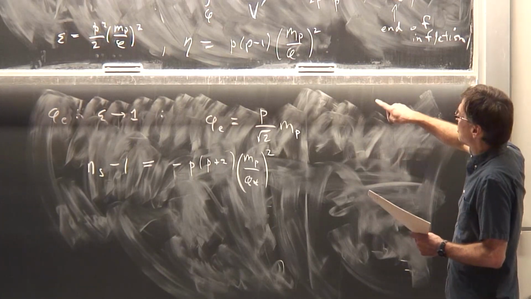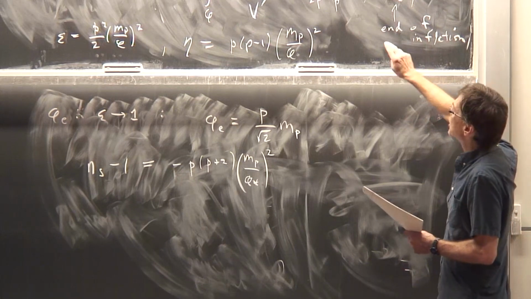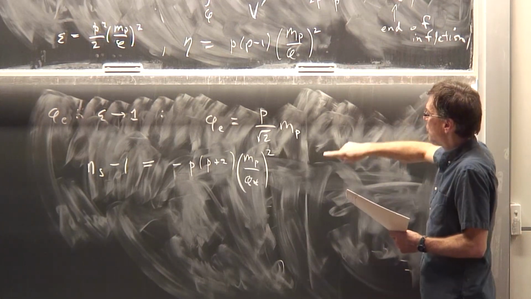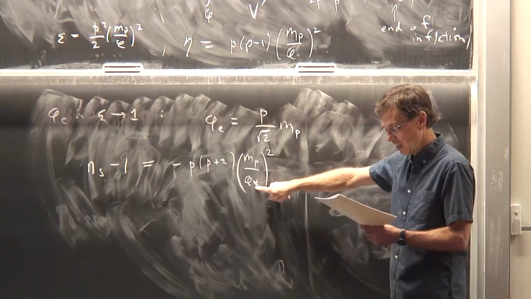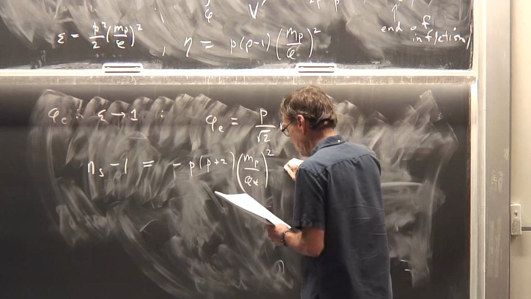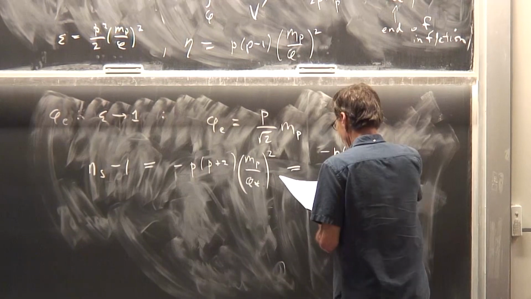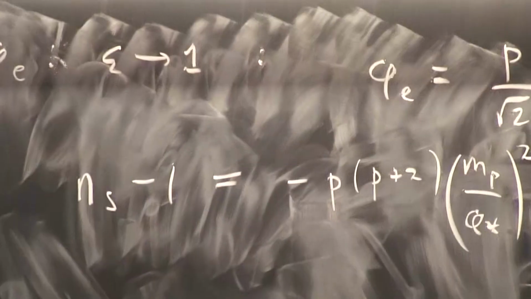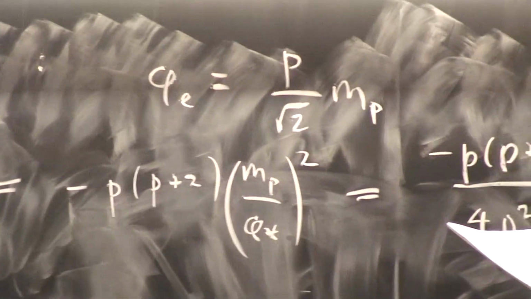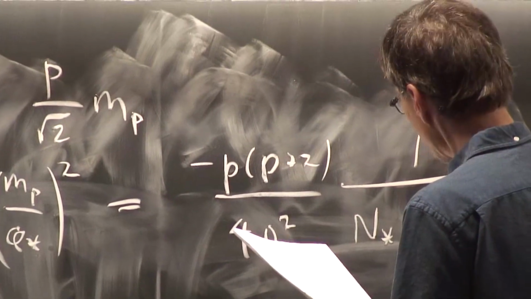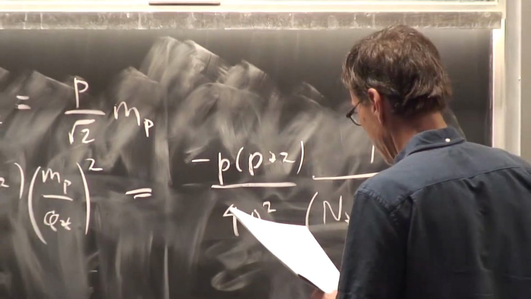Since we have a relationship between phi and N, we can re-express this in terms of N. And so if you do that, you find that it's minus p plus 2 over 4 times 1 over N star plus p over 4.